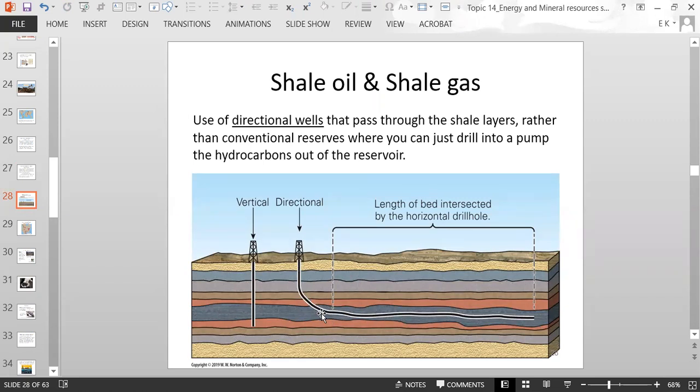And then that allows for more collection of oil. Okay, so this is a well. You install the well through the shale layers, allowing for the collection of gas and oil.